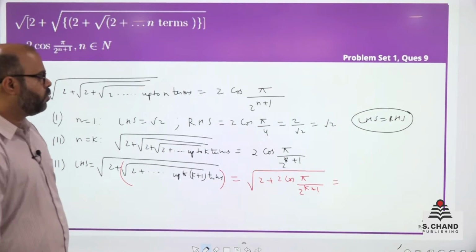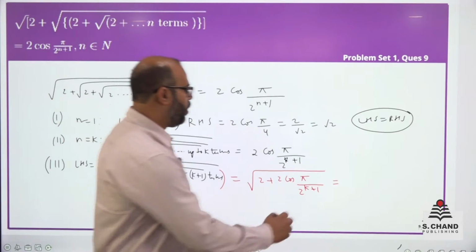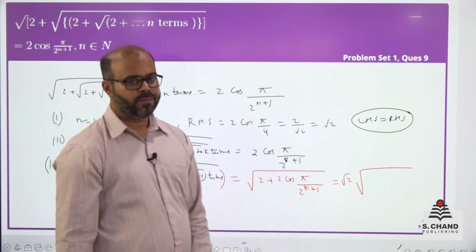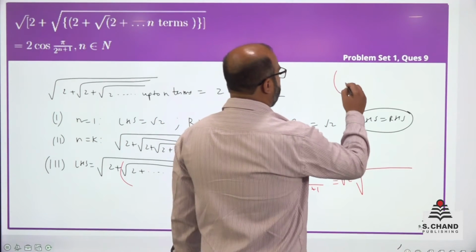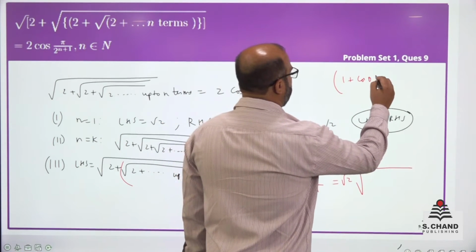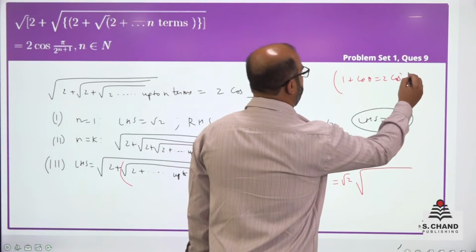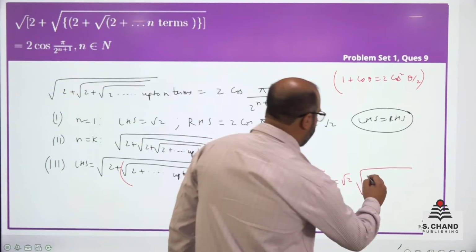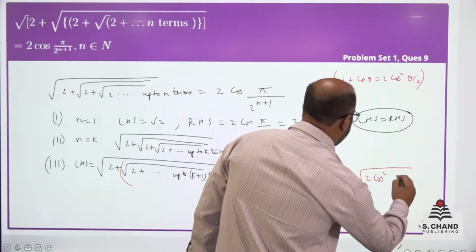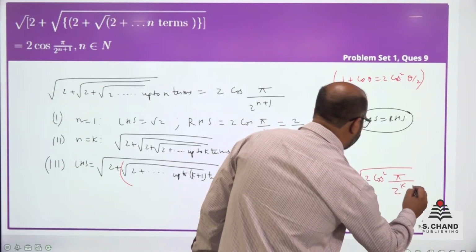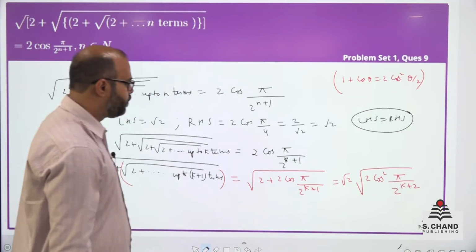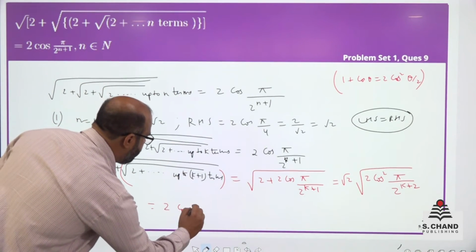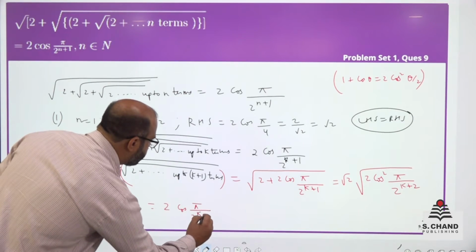So this is equal to, now 2 is taken outside, square root of 2 into root over 1 plus cos theta. We know 1 plus cos theta is equal to 2 cos square theta by 2. So using this you will write it as 2 cos square pi by 2 to the power k plus 2. So this will become 2 cos pi by 2 to the power k plus 2.